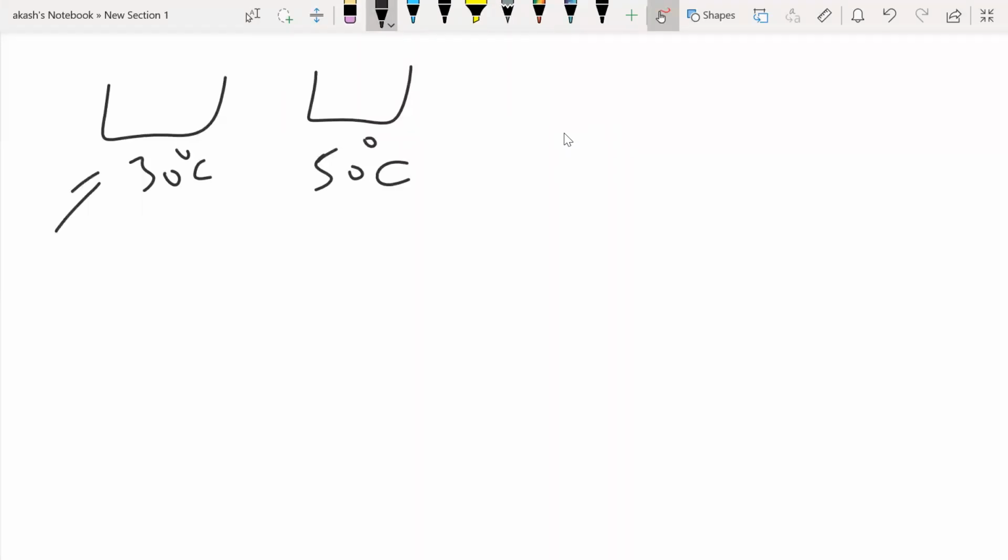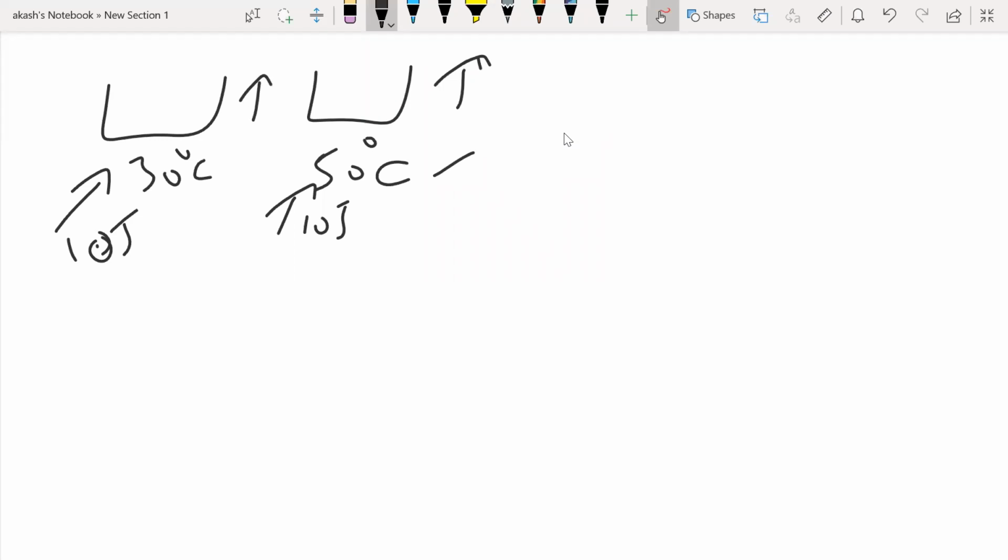To both of them I give 10 joules of heat. As I told you, initially the absolute entropy is definitely higher at 50 degrees Celsius; the initial entropy itself is higher. At 30 degrees Celsius, the entropy is lesser, no doubt. Now I'm giving 10 joules of heat to both of them. So in both cases, there is going to be an increase in entropy. Definitely, there is no doubt.